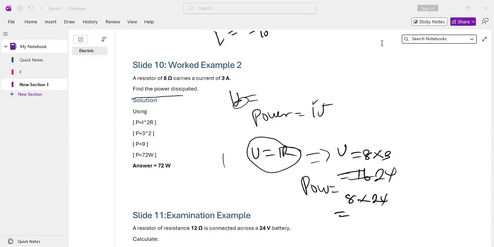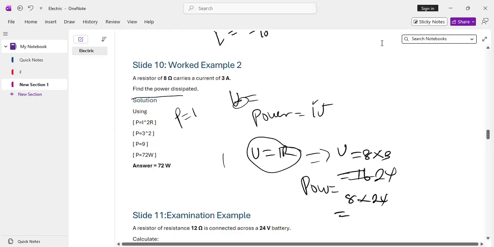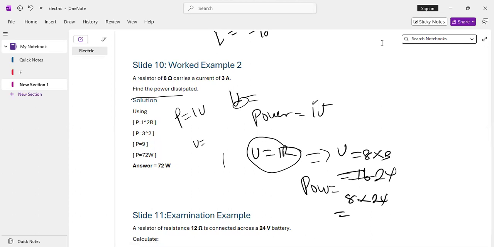Okay, sorry, I made a mistake. I said power is equal to IV and V is equal to IR.